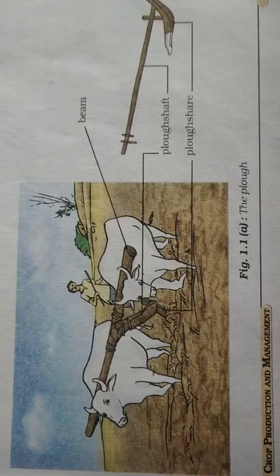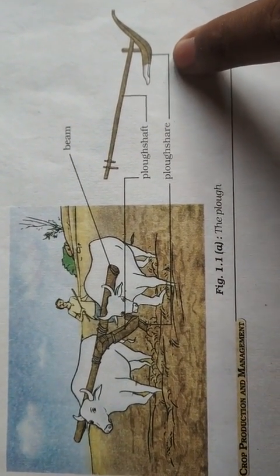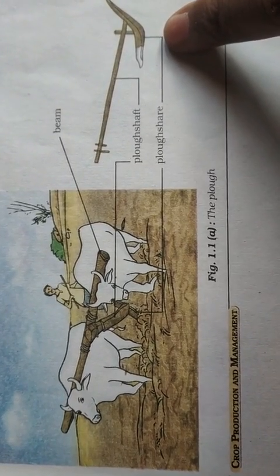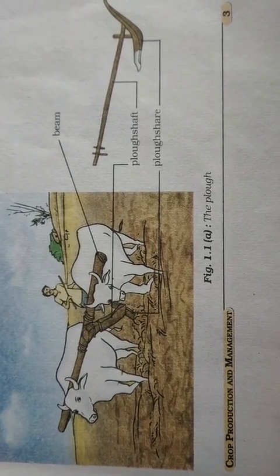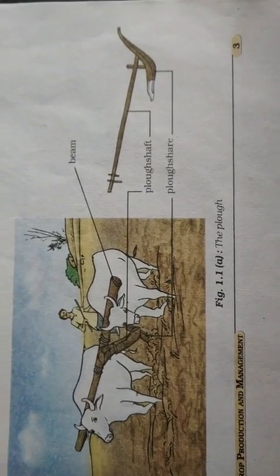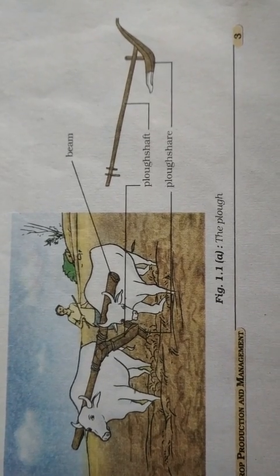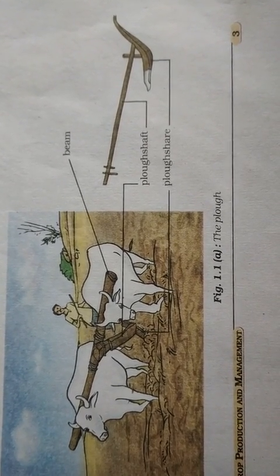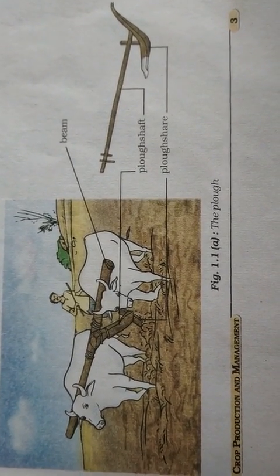Here in this picture you can see the image of the plow. It has actually been used since ancient times for the tilling of the soil, as well as adding fertilizers to the crop, removing weeds or scraping the soil.